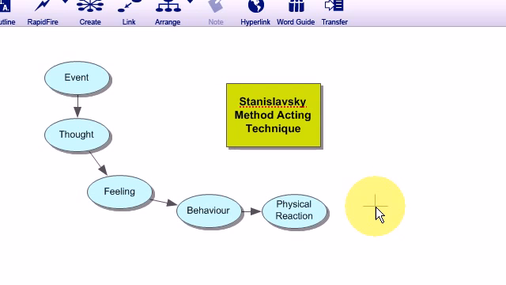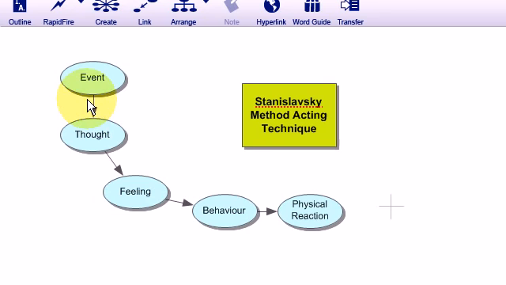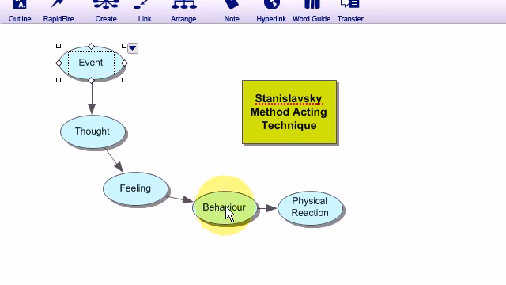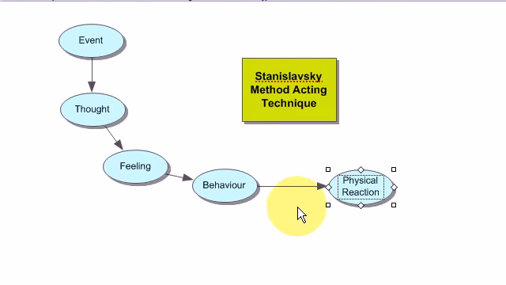So as you can see, I've just depicted the concept of method acting. It's more visual. You can see the associations among the different concepts. So it starts with an event which generates a feeling, which influences behavior, and which changes the physical reaction.